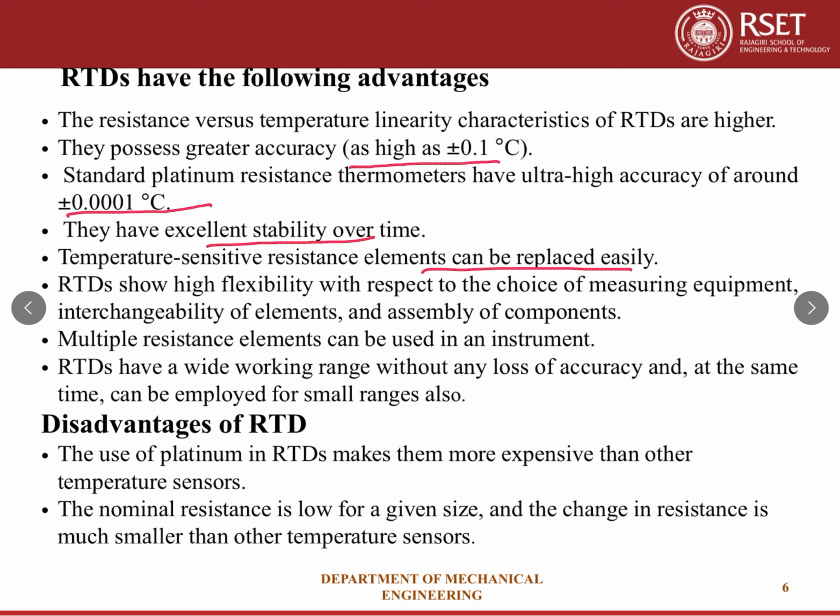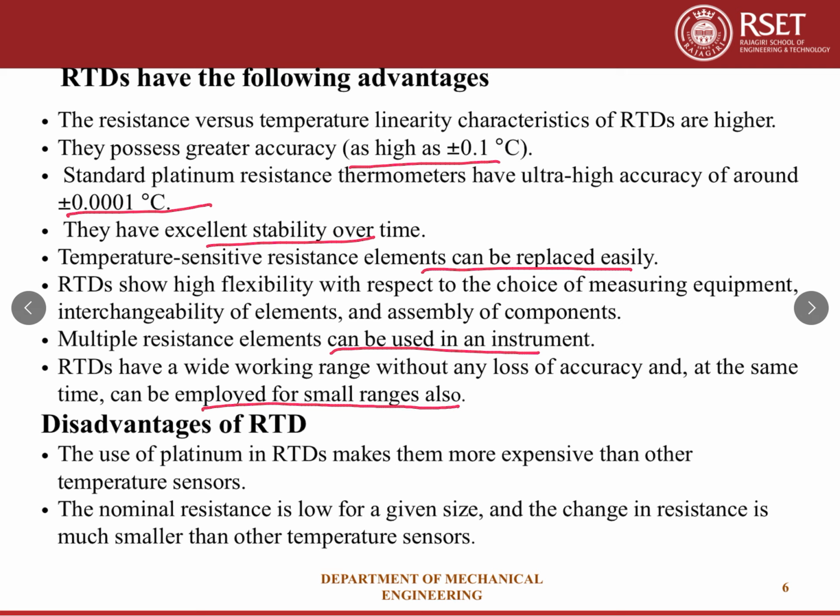RTD shows high flexibility with respect to choice of measuring equipment, interchangeability of elements, and assembly of components. RTD is flexible because its element can be interchanged, can be substituted. Multiple resistance elements can be used in the instrument. RTD has a wide working range without any loss of accuracy, and at the same time can be employed for a small range also.